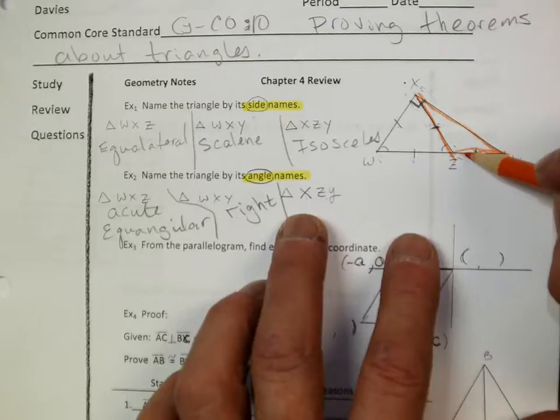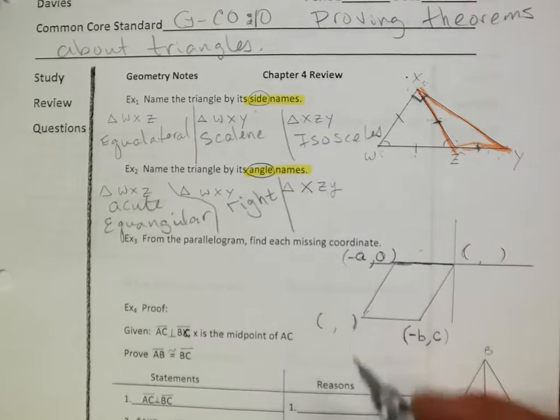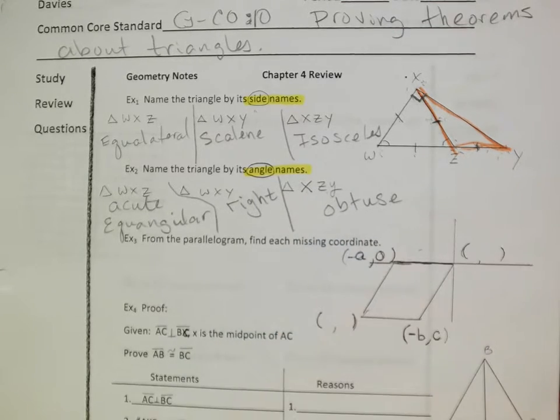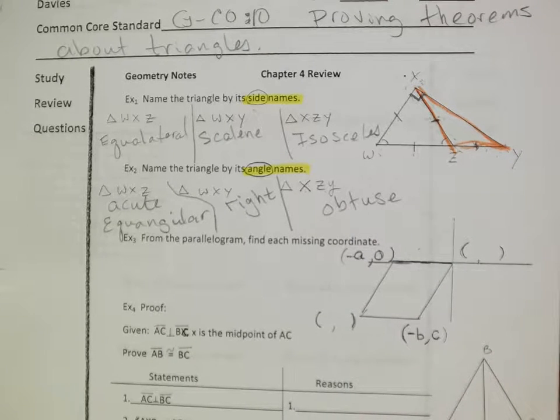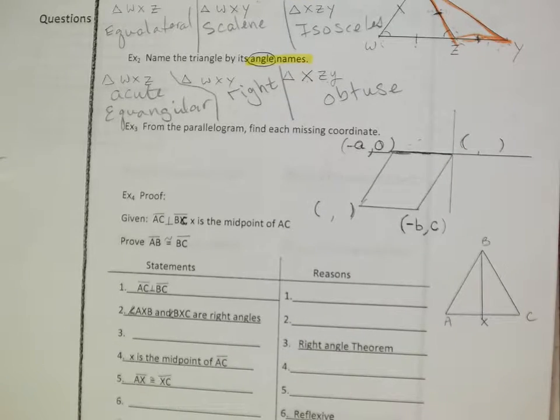In fact, I know that angle's 120, because I know that one's 60. So this one's an obtuse triangle. Thumbs up. So you name it by sides: scalene, isosceles, equilateral. By angles, we're going to have acute, right, obtuse, and you can even have an acute equal angular. Good. Let's move on.